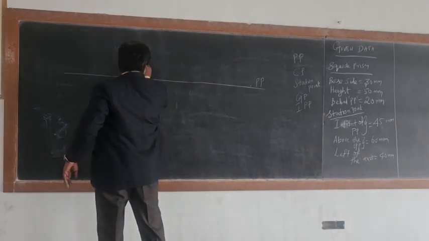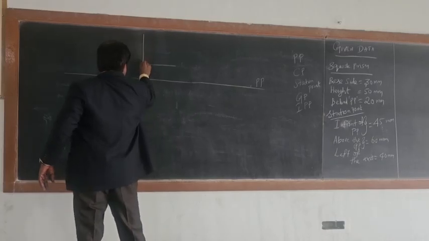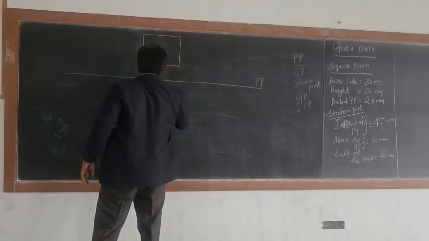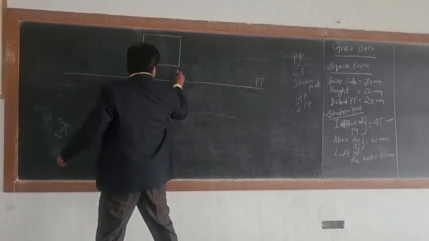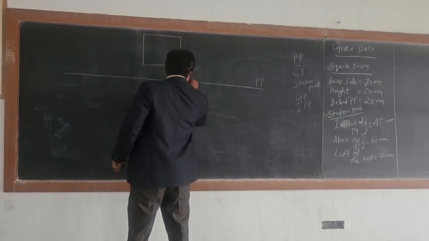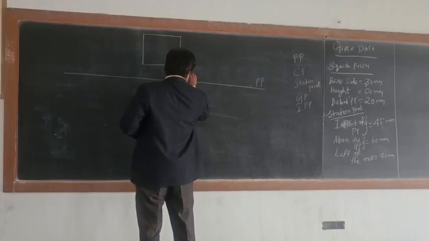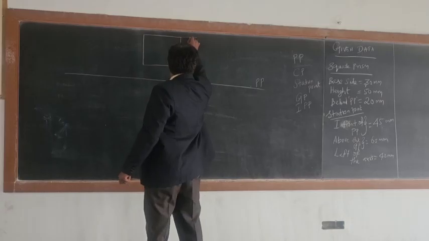You can draw a square. The distance is behind the fixed plane 20 mm. Then the square base side is 30 mm.